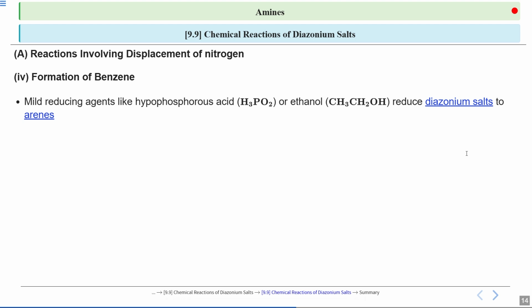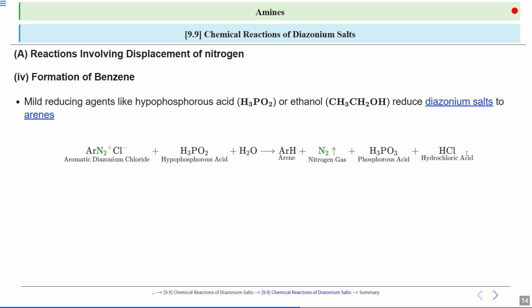The diazonium salt is a compound where a nitrogen group is attached to an aromatic ring. These agents help remove that nitrogen group, and they themselves get oxidized to phosphorus acid and acetaldehyde.